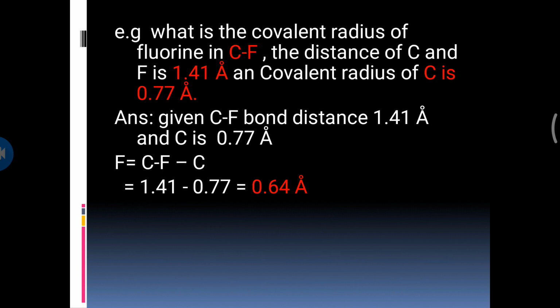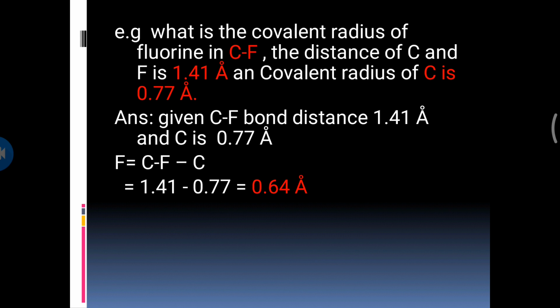Now one more example of calculating the radius of an atom. First example: what is the covalent radius of fluorine in CF, meaning the carbon fluorine bond?